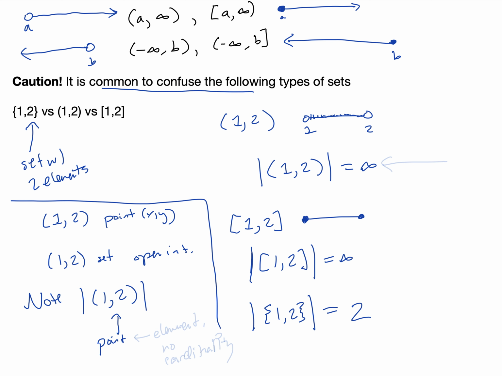If this is a point (x, y), that is an element. It is not a set. It does not have cardinality. So this would be an element, no cardinality because it is not a set. So if I ask you for the cardinality of something like (1, 2) in parentheses, I'll be talking about the set, the open interval from 1 to 2, all real numbers in between 1 and 2.